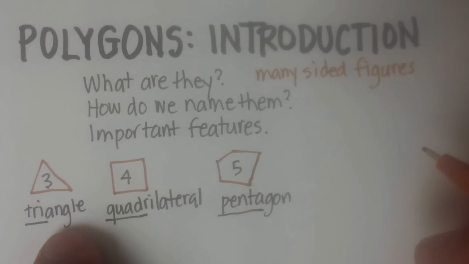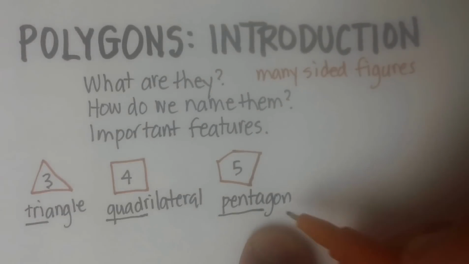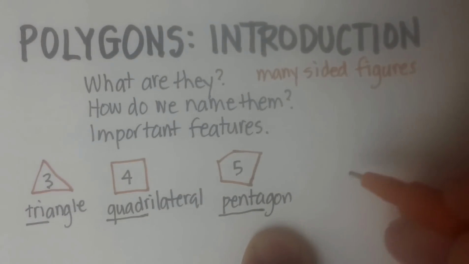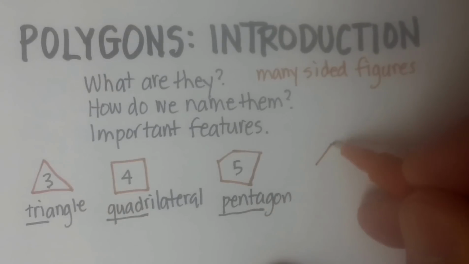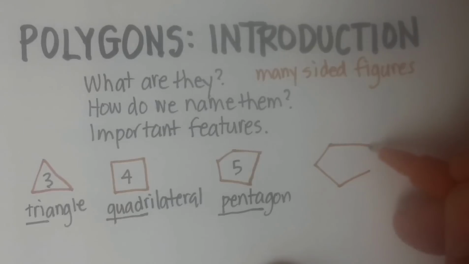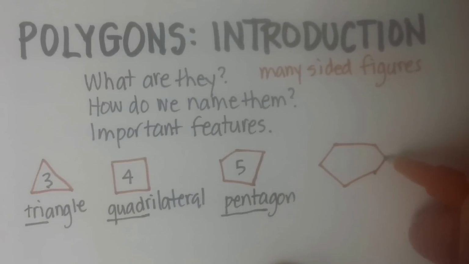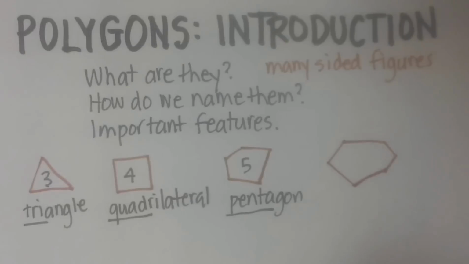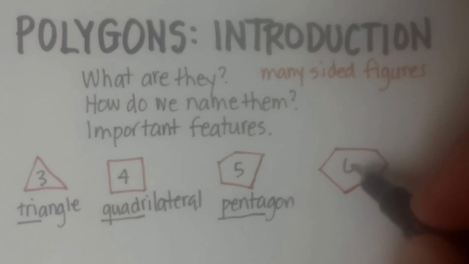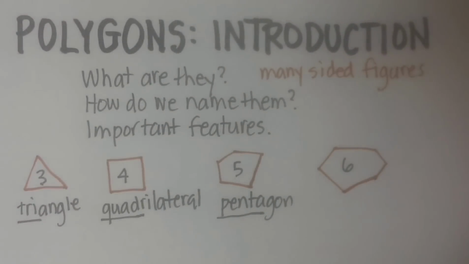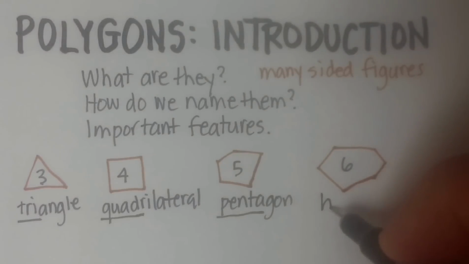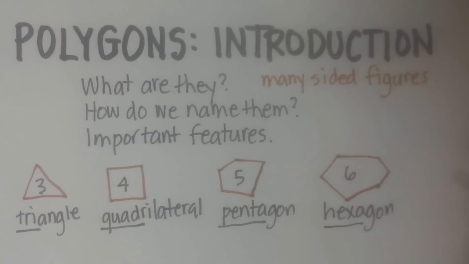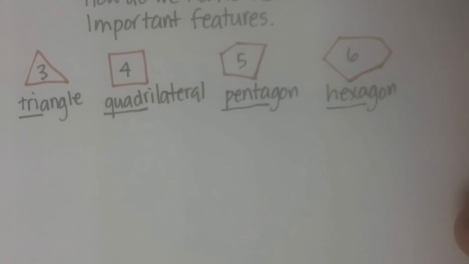Instead of saying angular laterals, now we just keep on using the suffix gon. So a six-sided figure, oops, didn't do that quite so well, but you get the idea. A six-sided figure is called a hexagon. Hexa meaning six.